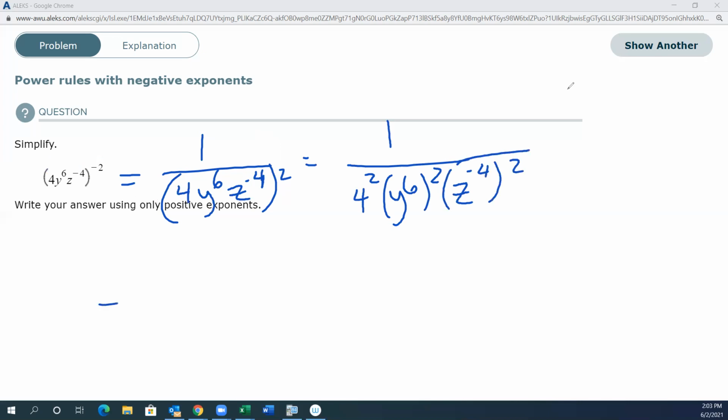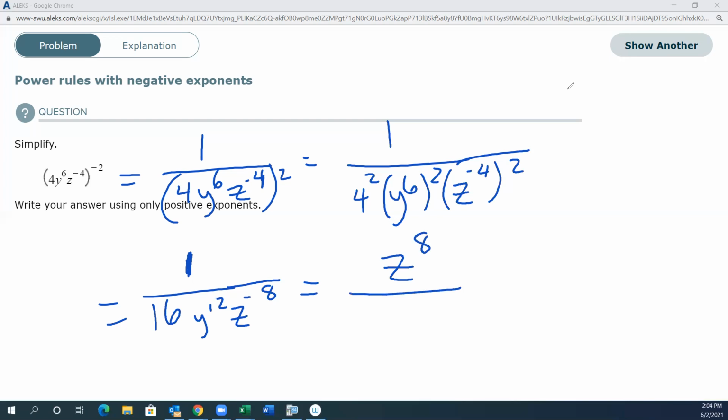All right. So 4 squared, that's a 1, by the way, is 16. Y to the 6th squared is y to the 12th, and then z to the -8. And everything stays put except for the z. It goes up to the top so that we can change the sign of its exponent to positive.